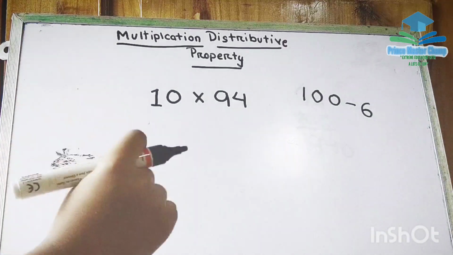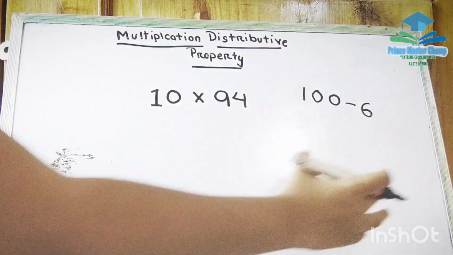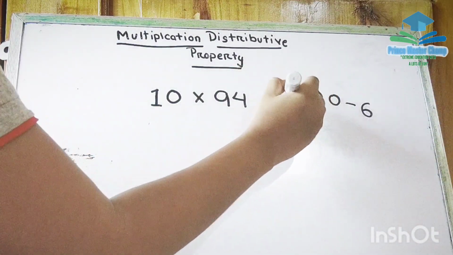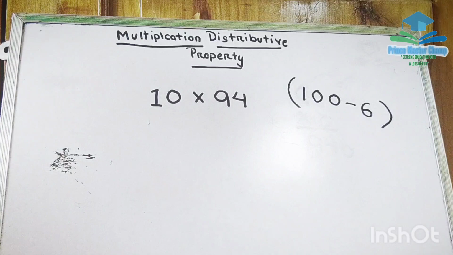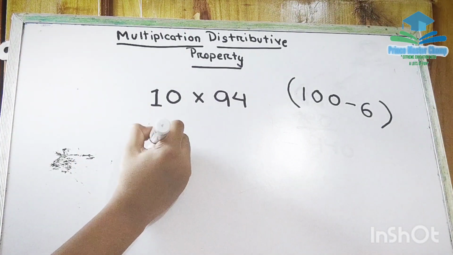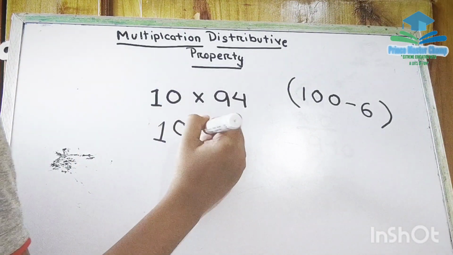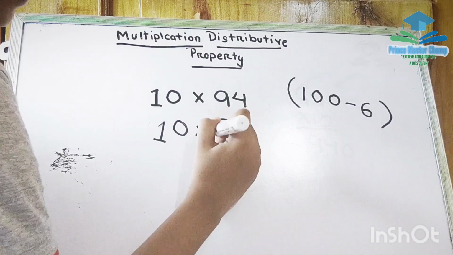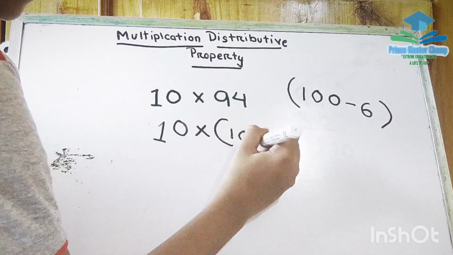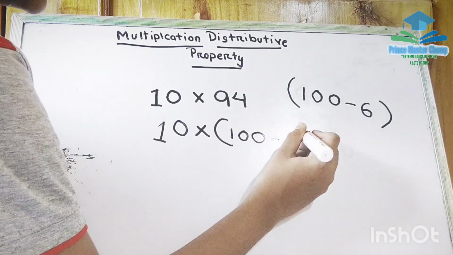Now, what we need to do is write this in a bracket. So our equation will form: 10 multiplied by, in brackets, 100 minus 6.